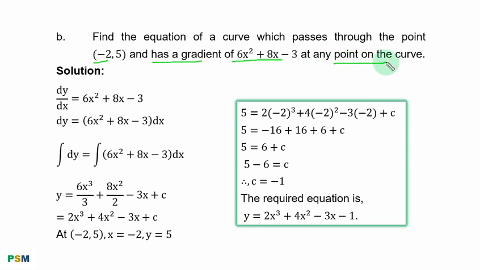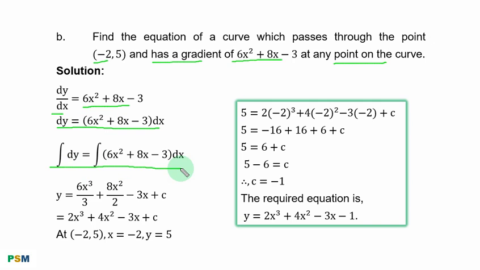The gradient is represented by dy/ds equal to the given function. To get the equation of the curve, you have to integrate both sides. Integration is the reverse process of differentiation. Before then, multiply through by ds to clear fraction. Then you integrate both sides.